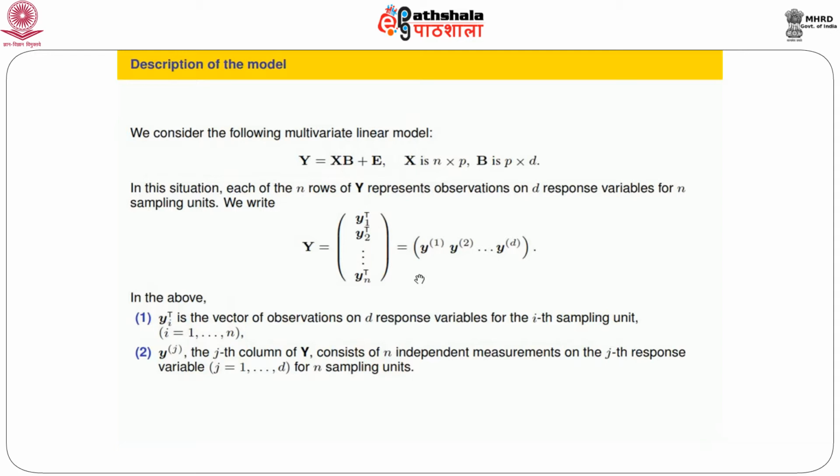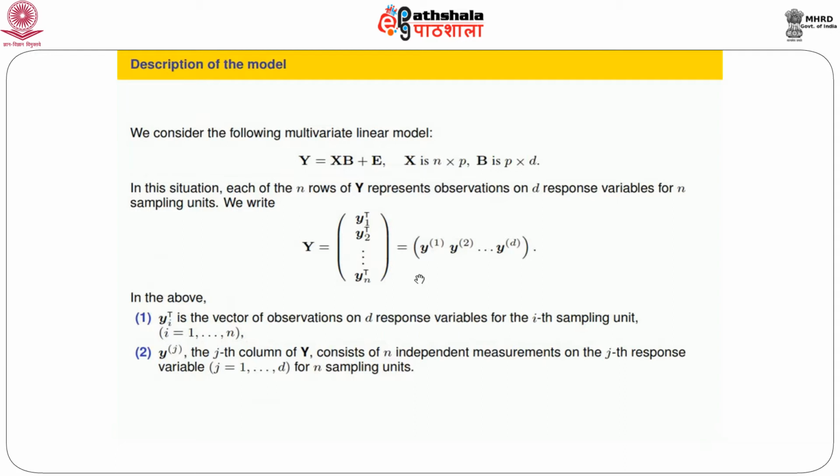X is the design matrix of size n cross p. B is p cross d. There is no assumption about the rank of X now. It could be p, it could be strictly less than p. And the rows of Y, Y1 transpose through Yn transpose, are denoted by this, and the columns are this. Let us recall that the first row is actually a vector of observations for the first sampling unit, and there are d response variables.